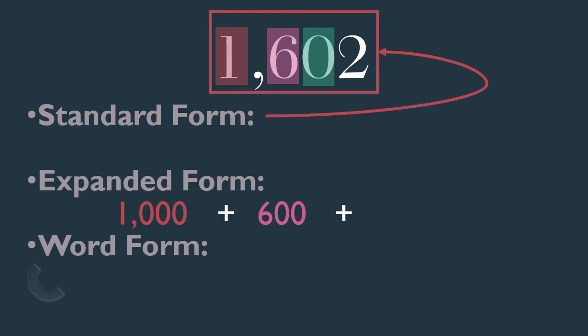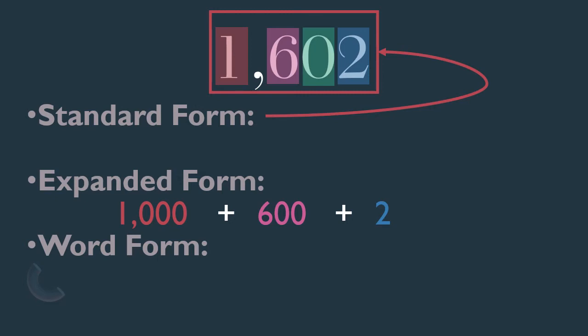And so just like in our last lesson, I'm going to choose to not write that 0. Now, you can add 1,000 plus 600 plus 0 plus our last value, but I'm not going to include that 0. So I'm going right to the next digit, which is the 2 in the ones column, and that's valued at 2. So my expanded form, my stretched out form, is 1,000 plus 600 plus 2. That's the expanded form of 1,602.